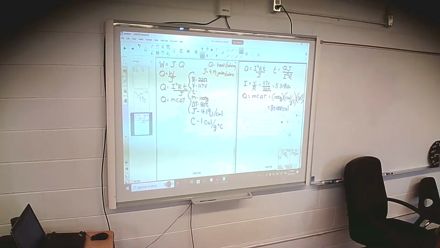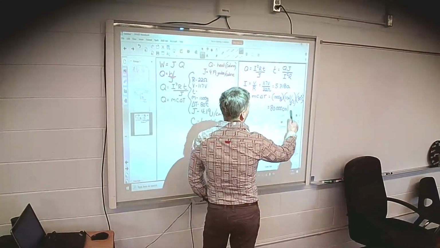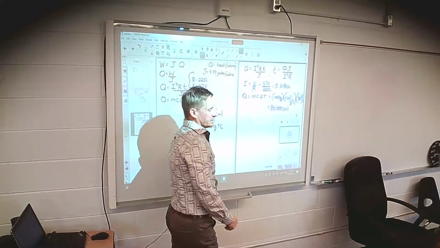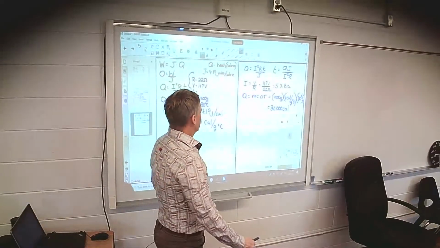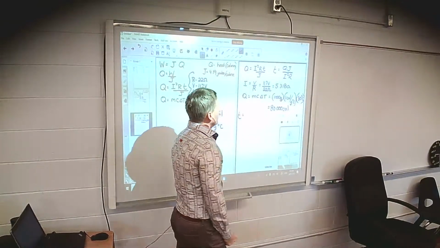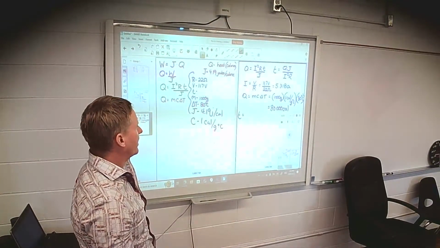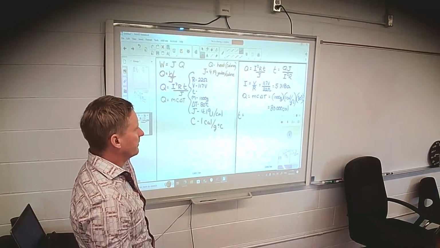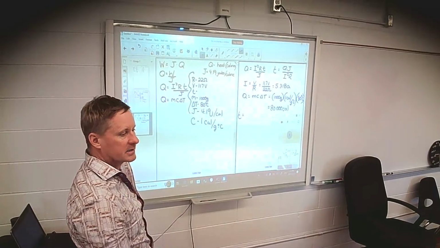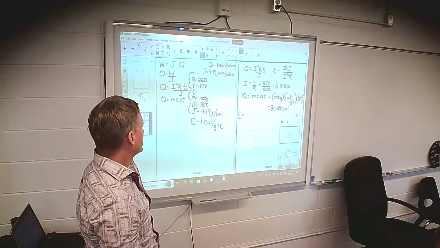Now I need to find out how much time it's going to take to raise the temperature of 1 kilogram of water 80 degrees Celsius. So let's put that into our calculator. Time equals Q, which is 80,000, times J, which is 4.19, divided by, you need to have brackets on the bottom, 5.318 squared times 22.